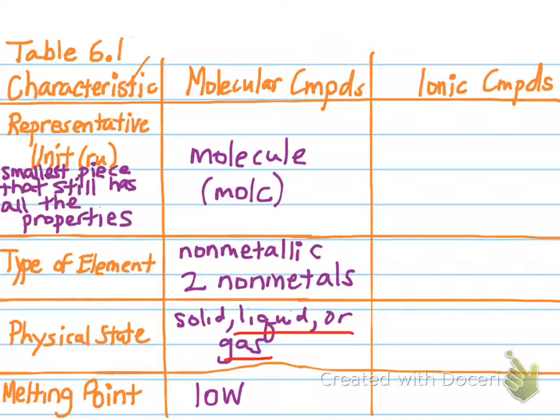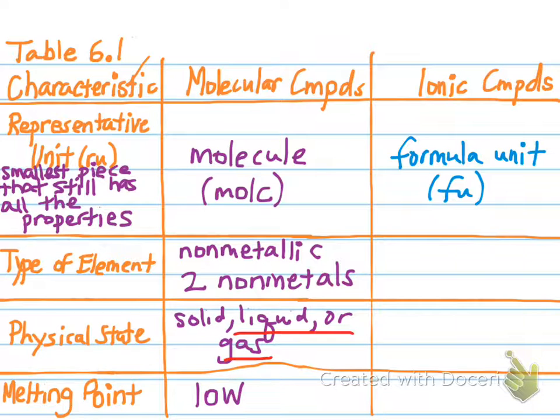By contrast, when we talk about ionic compounds, the smallest piece of an ionic compound that still has all the properties of an ionic compound, that's called a formula unit. And remember, that's typically everyone's favorite abbreviation because it's an FU.